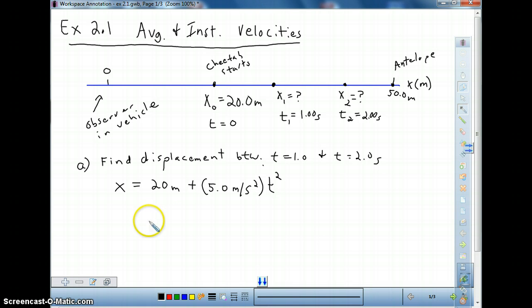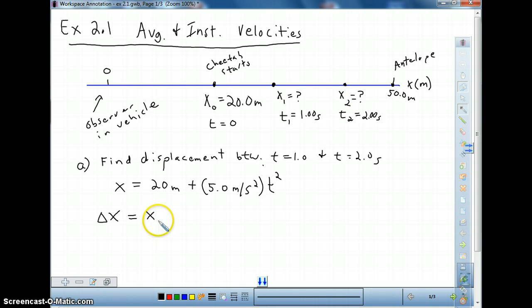Displacement is a value of where you started to where you ended. Since we're on the x-axis, this is horizontal linear motion, so we're looking for what we call delta x. To find delta x, we have to find x at time 2 seconds and x at time 1 second.